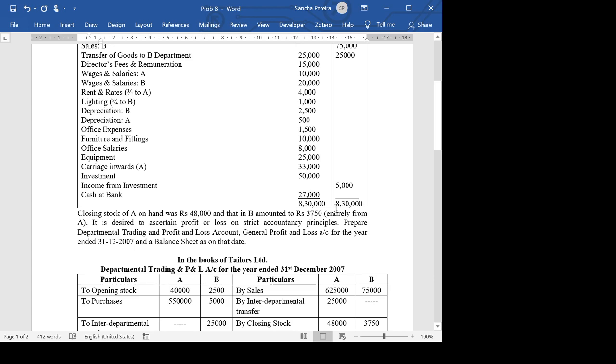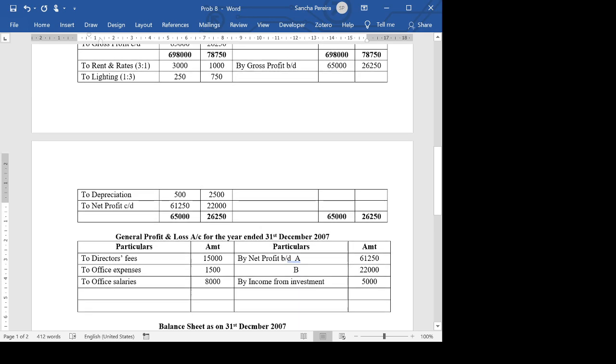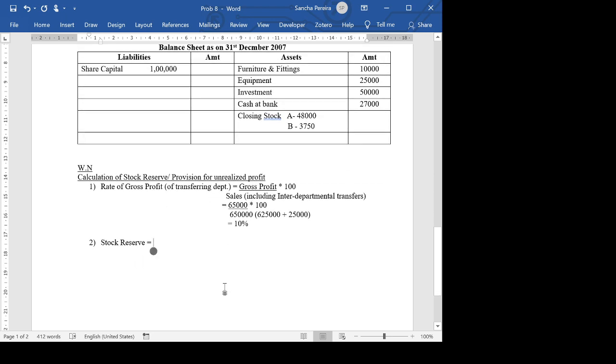So we have to calculate stock reserve on this entire amount, and that will be 3750 into 10%, so the stock reserve is 375.